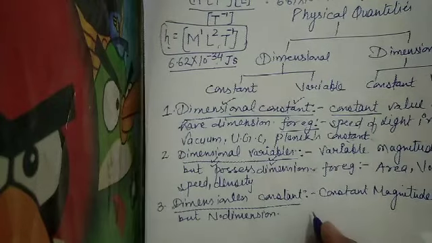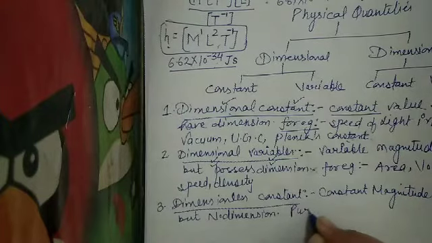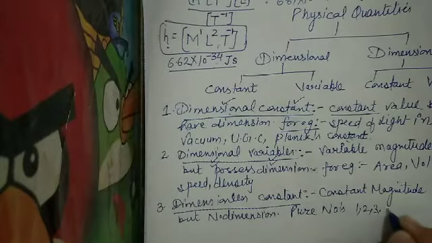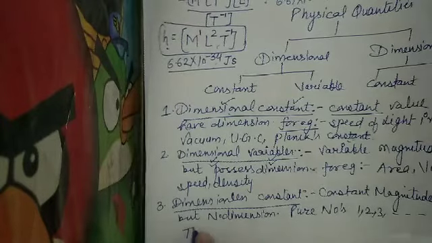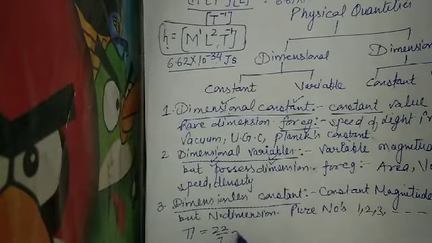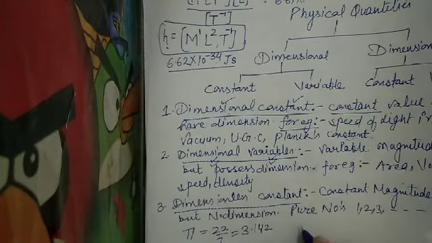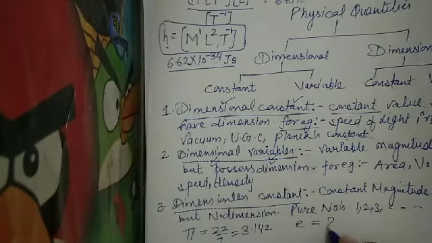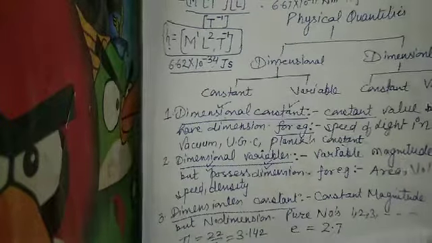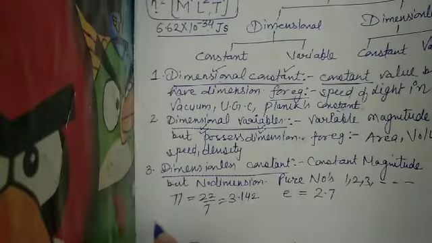For example, all the natural numbers or pure numbers 1, 2, 3 and so on, pi, its value is fixed, 22 by 7 or 3.142, and e, its value is 2.7. All these are having fixed magnitude but no dimension, so they are termed as dimensionless constant.